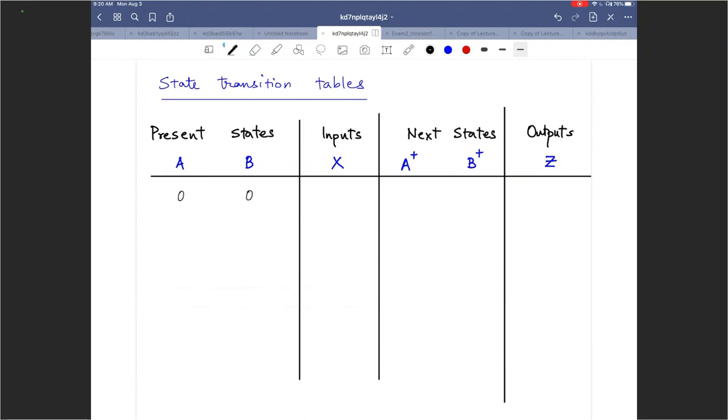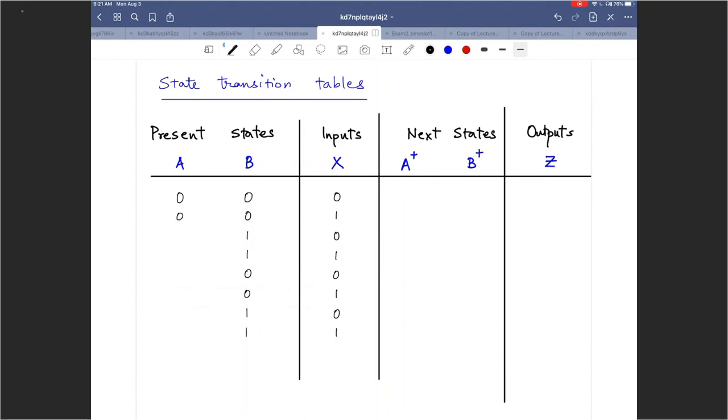Actually, when it is 0, 0, inputs could be a 0 or a 1. So I should say all 8 are existing here. 0, 0, 0, 1, 0, 1, 0, 1, 0, 1. 2 zeros, 2 ones, 2 zeros, 2 ones.